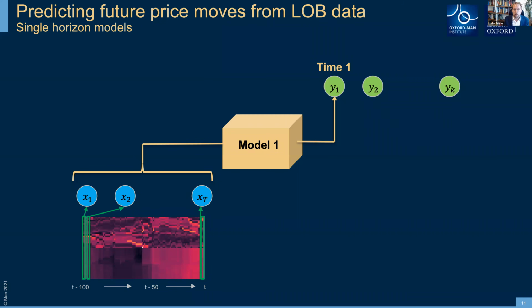But then I have to train a different model for the second horizon and a different model for all the other horizons. Those models could be anything: a linear model, or a more complex feed-forward neural network, which doesn't perform so well, or something like a CNN-based model, which is the one we had in DeepLOB. But we have one model for each horizon.